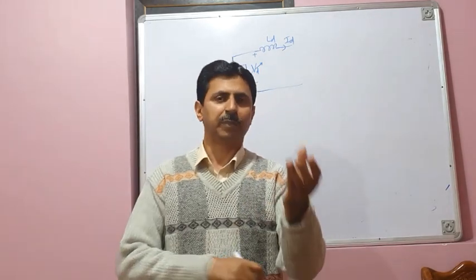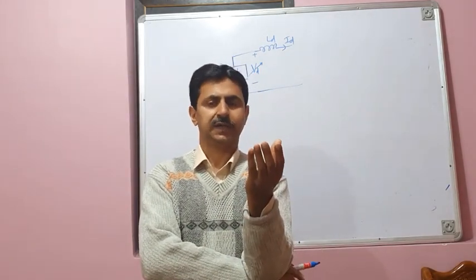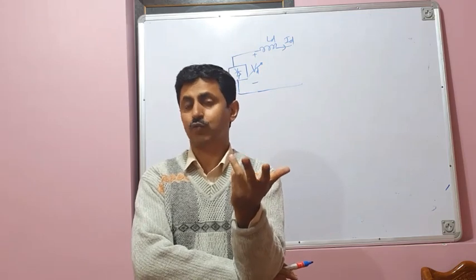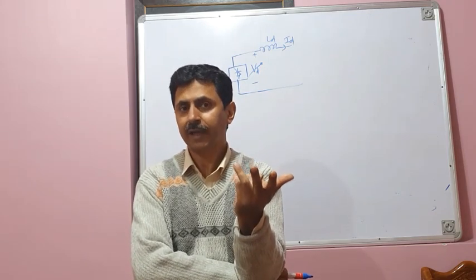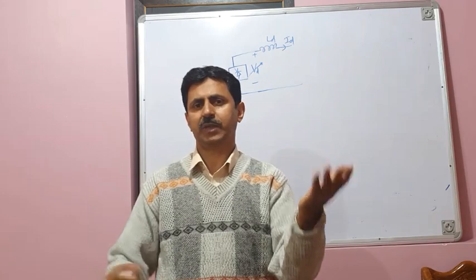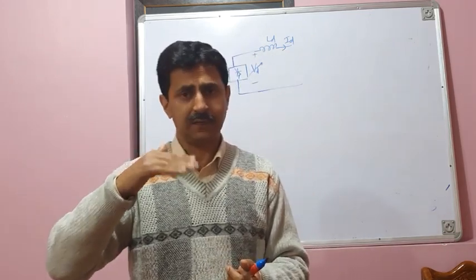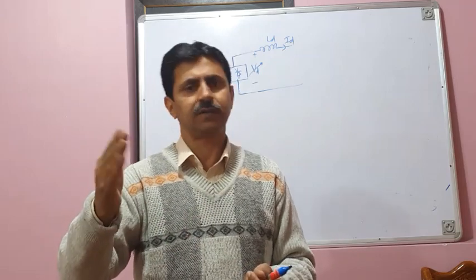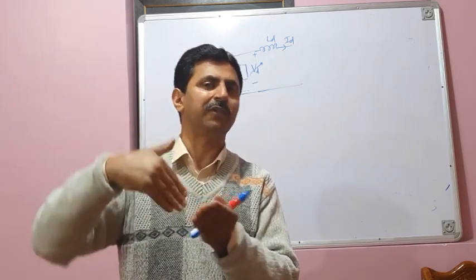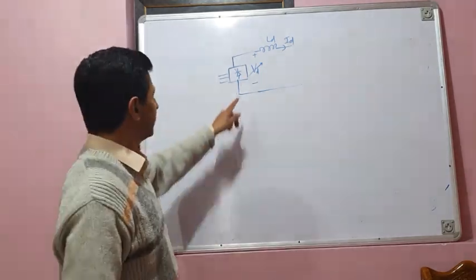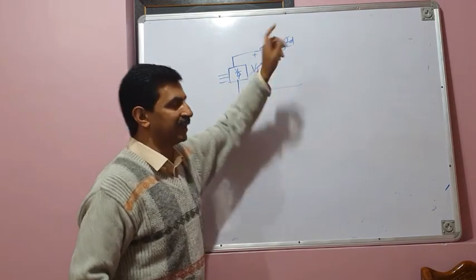And the parameter with the help of which, in case of a converter, you can vary the voltage, what is that parameter? Firing angle or delay angle. You have studied in your basic power electronics course. When you change the delay angle or the firing angle of a converter, whether it is a three-phase converter or single-phase converter, the average output voltage changes. And it is easier to control voltage rather than current.